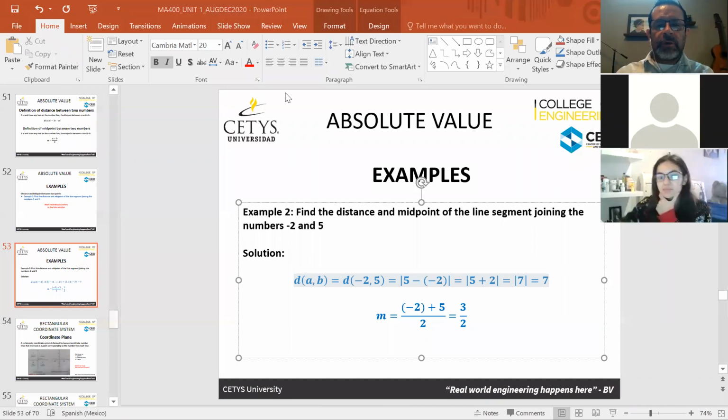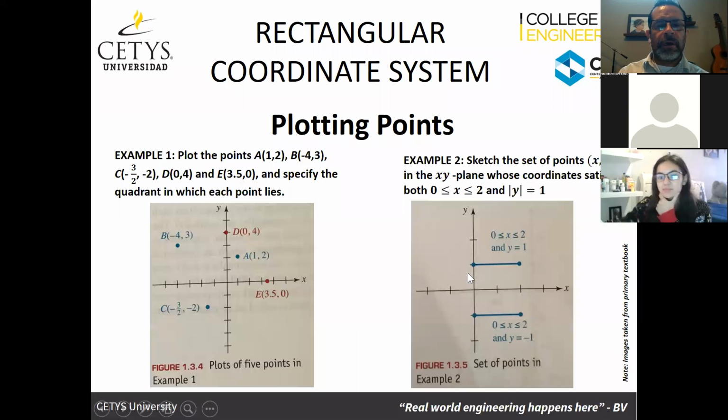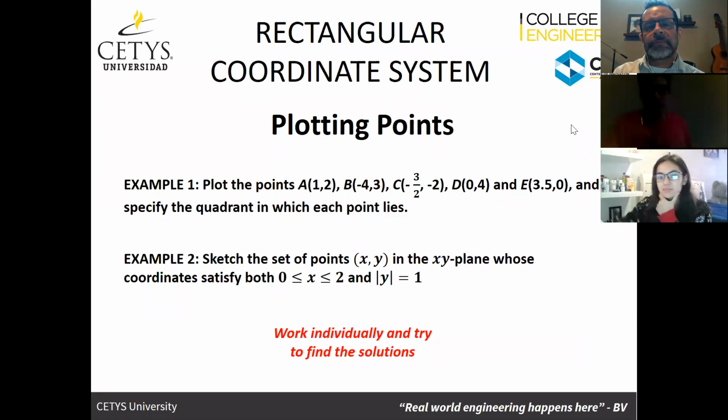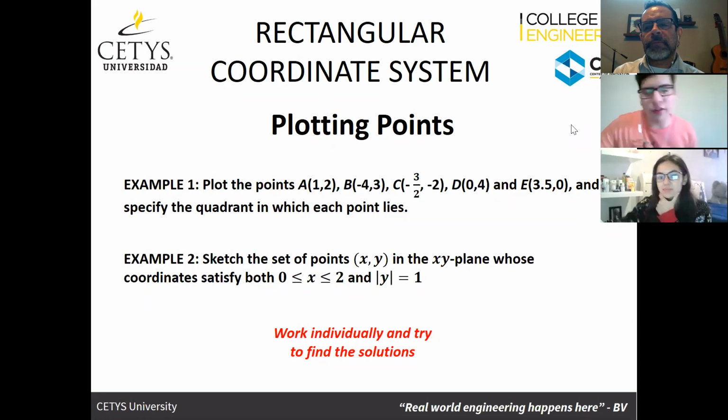Okay, so let's see what we have here. Jose, you were mentioning in what quadrants each of the coordinates are before we plot them. So let's see, Jose, point A, what quadrant would that be in? It will be the first one.